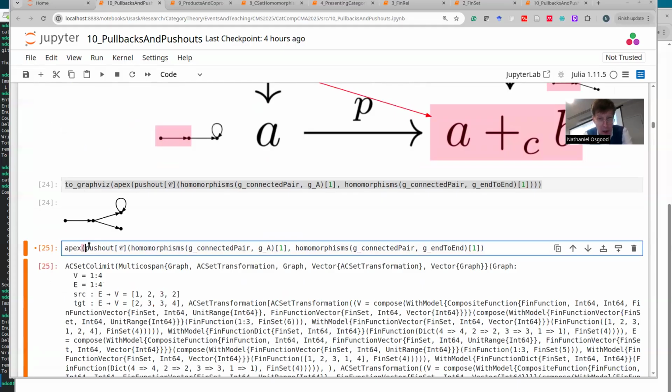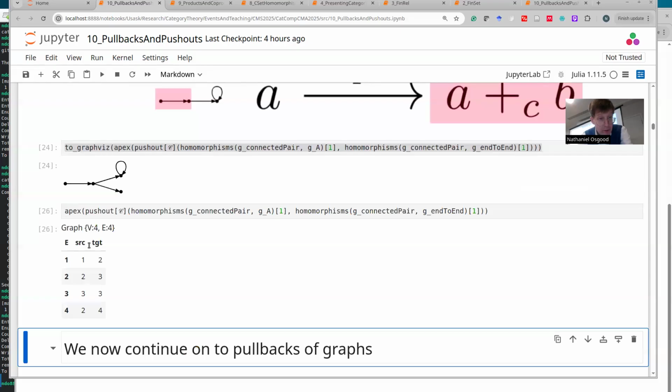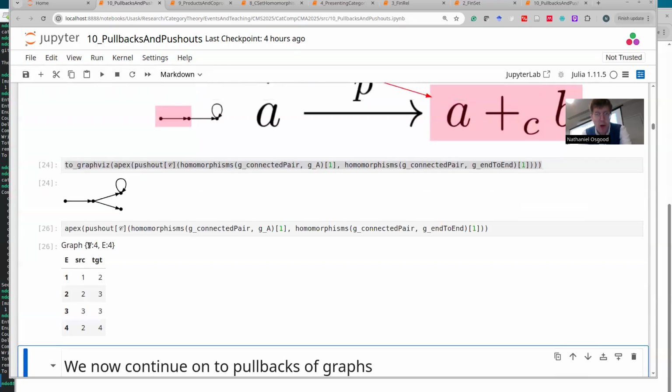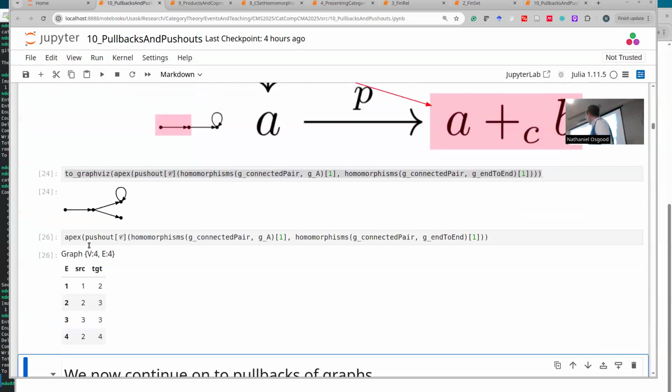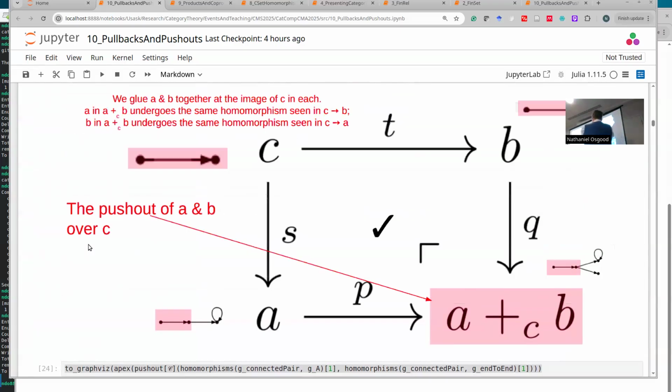Here's our apex of it. Apex means lower right corner of it. It's the apex in the sense that all the arrows that are coming into it are here, and so it's at the top of it, as it were, in terms of this directionality.